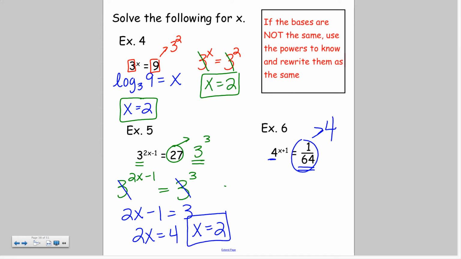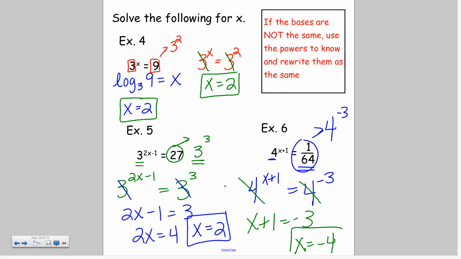I can rewrite that as 4 to the negative third, because 4 to the negative third is 1 over 64. So now I have the same bases, and I can drop them. Then I can move 1 over, and I get x is equal to negative 4.